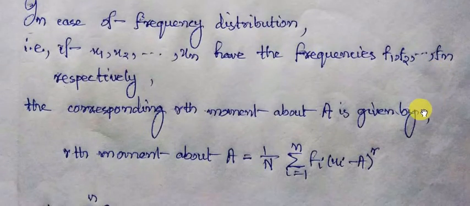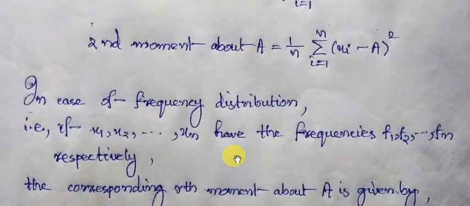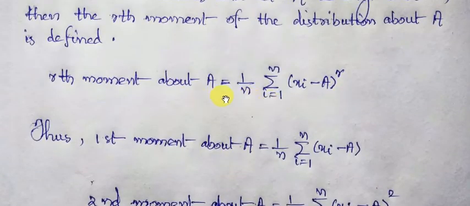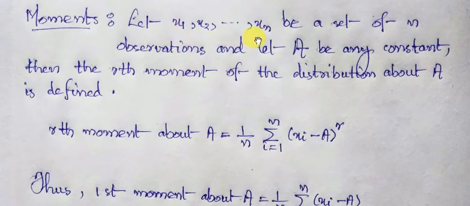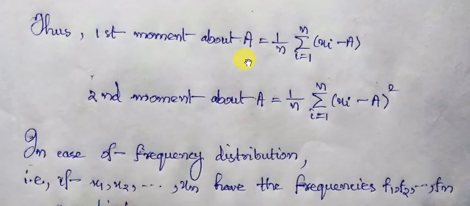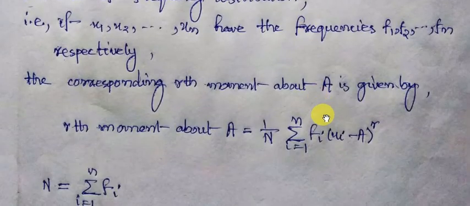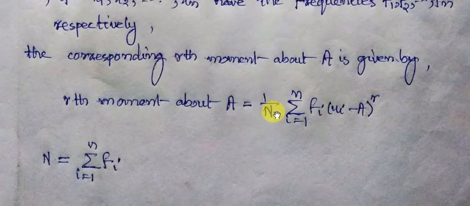Then what would be the formula for calculating the moment? Now, how to define that? This rth moment about A, as we defined for the distribution without any frequency, similarly in this case with some frequency, we have written 1 by capital N summation over i equal to 1 to n, fi into xi minus A whole to the power r. fi are the respective frequencies of the observation xi.